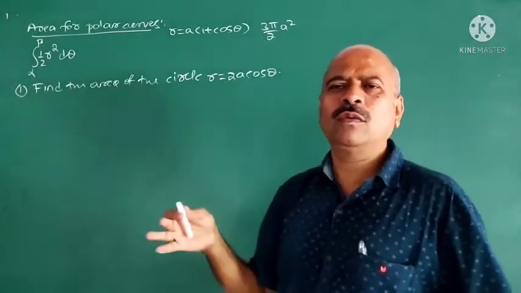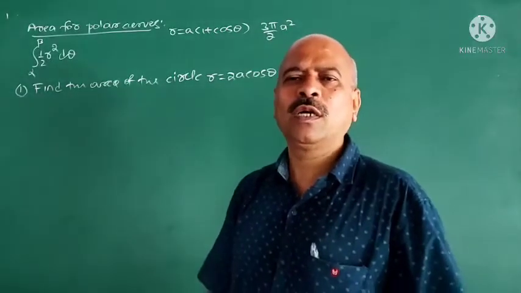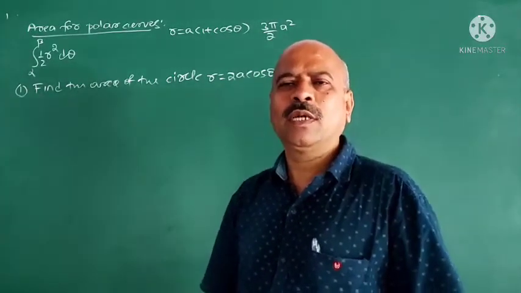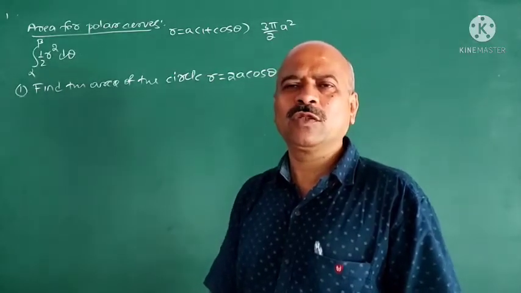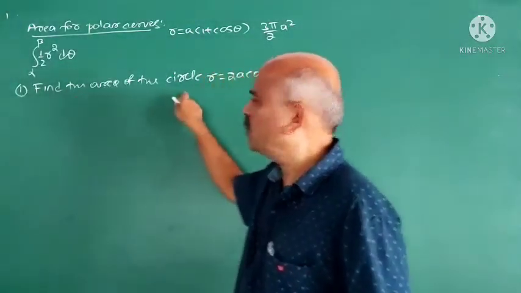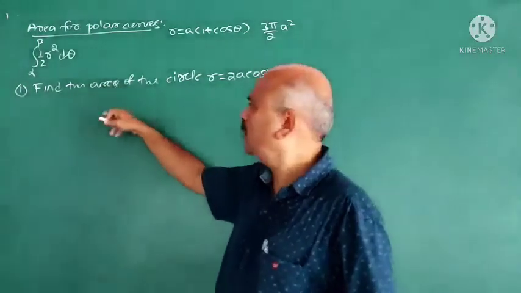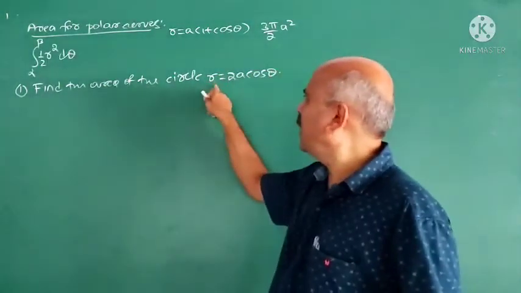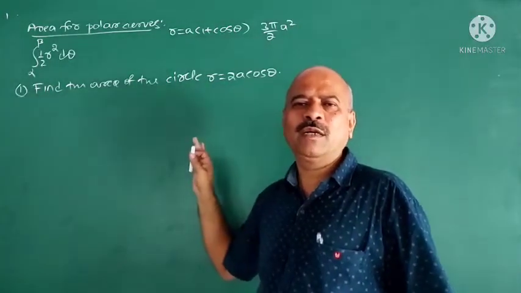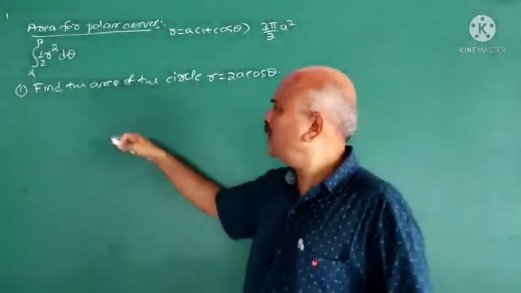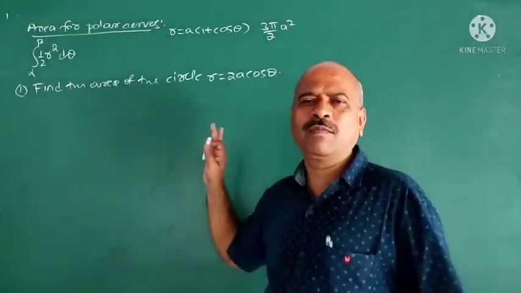But now you know that for this year, for your second sem examination, the type is MCQ, multiple choice question. The same 5 mark question can be converted to MCQ like this. The area of the circle r is 2a cos theta is, and 4 choices will be given.